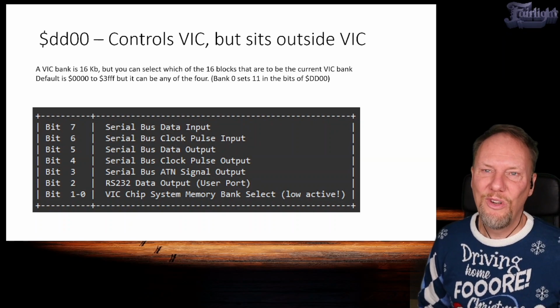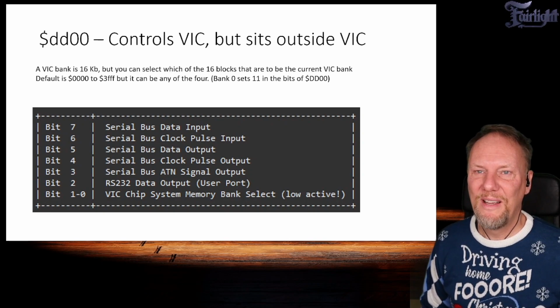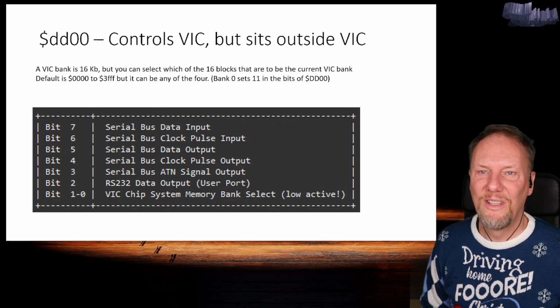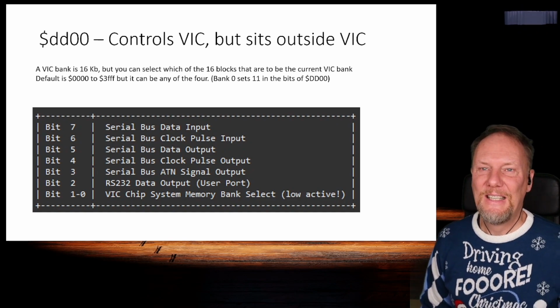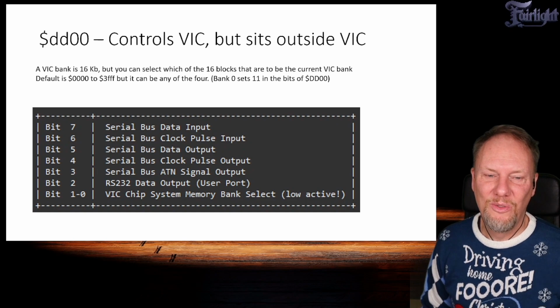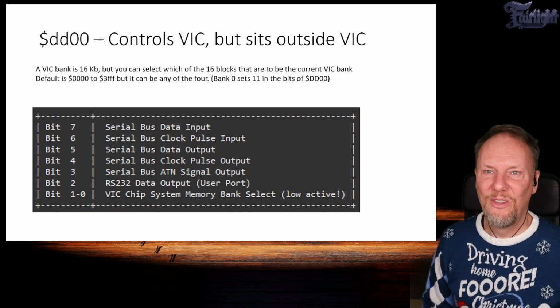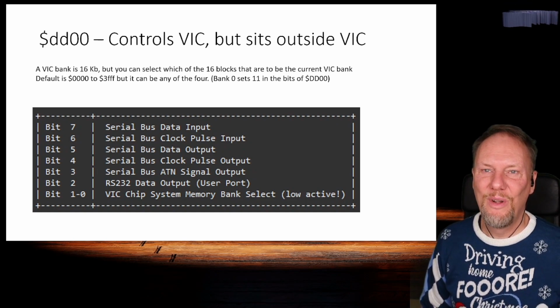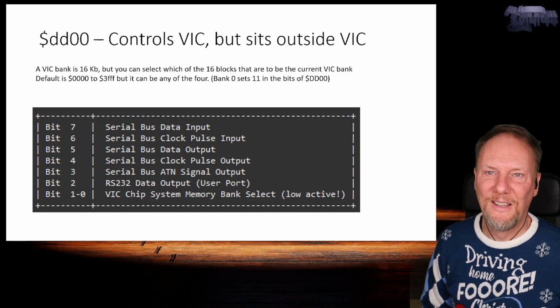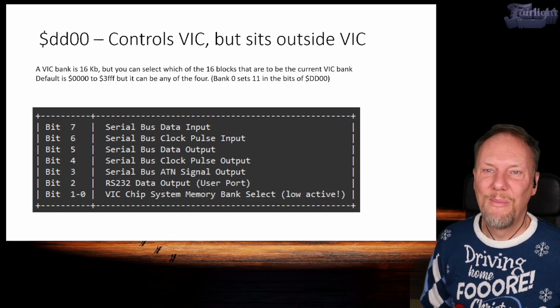And to be honest, it's not a really good place to place it, because you also have the communication with the serial bus here, which means that when you're starting to read and write stuff from the serial bus, unless you really take care of which VIC bank you're in, you can mess things up really badly.